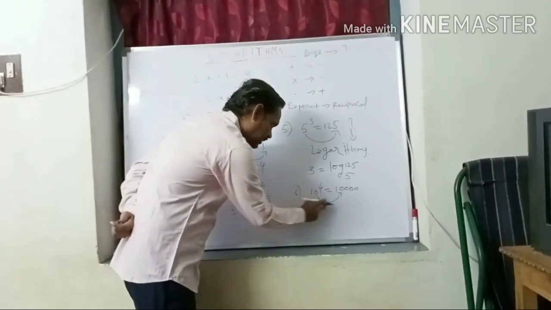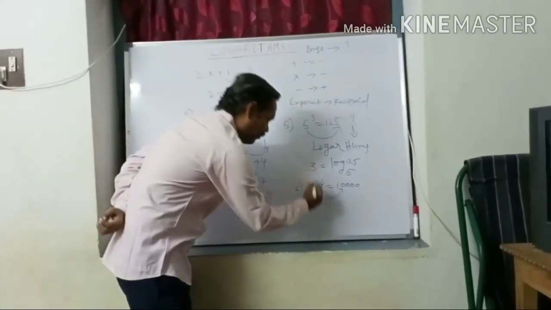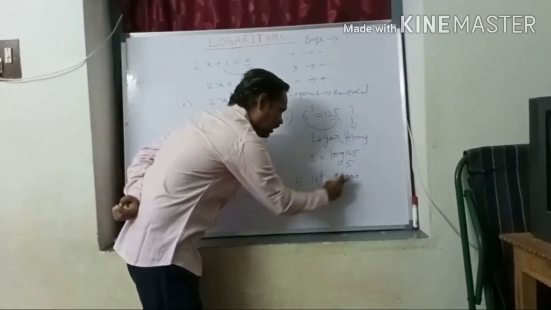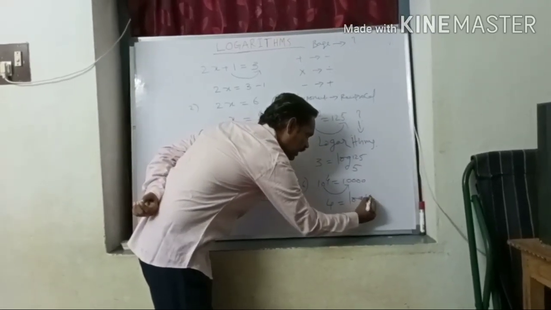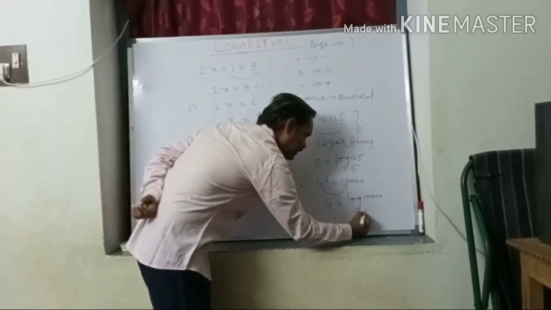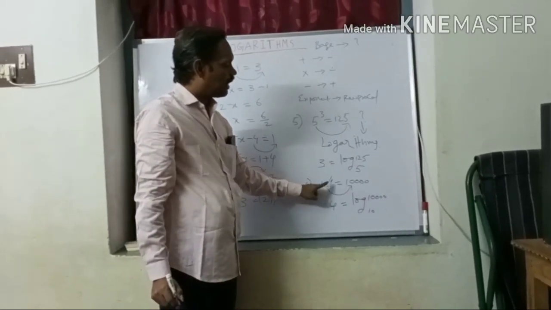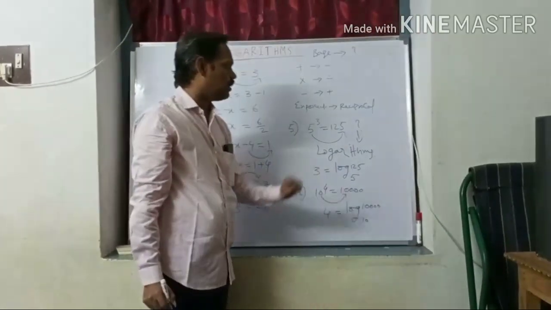Here the base is transposed, whereas the exponent stays in LHS only. Therefore, you have to write 4 is equal to, and when 10 is transposed to RHS, it is converted as log 10,000 base 10. Here 10 is in LHS and 10 is the base. In RHS also, 10 is written as the base of the logarithm.